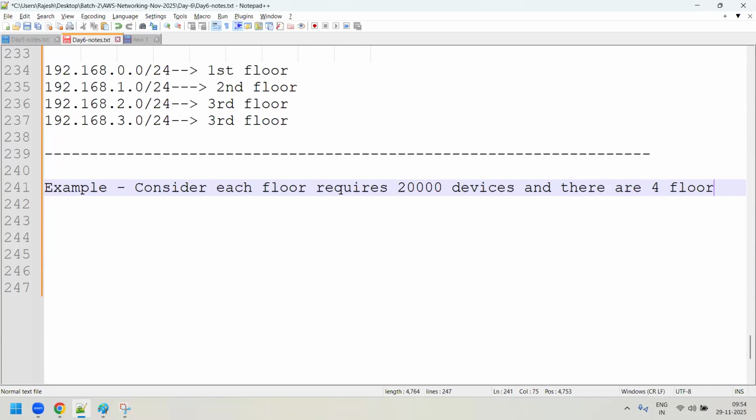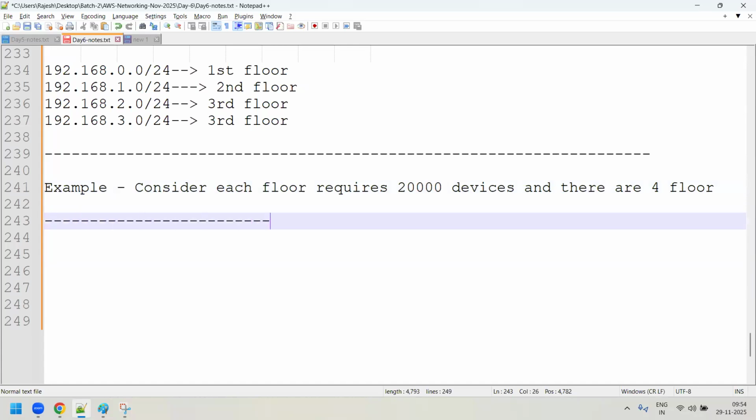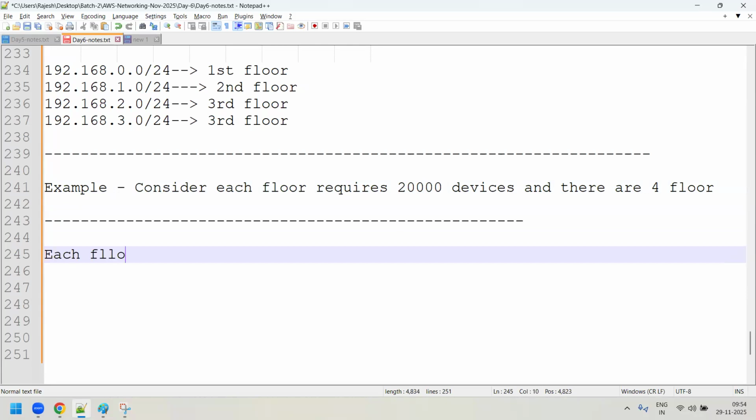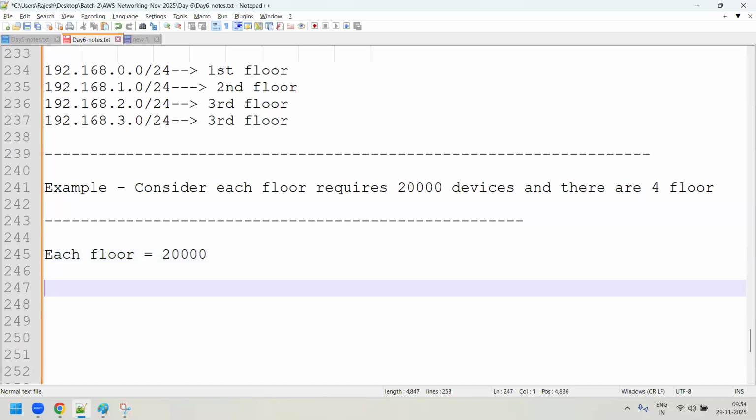Now let us try to calculate what would be the network you're going to design. Each floor you're considering as 20,000, right? So 2 to the power of n is nothing but 20,000. Now, what would be the nearest value for 20,000?